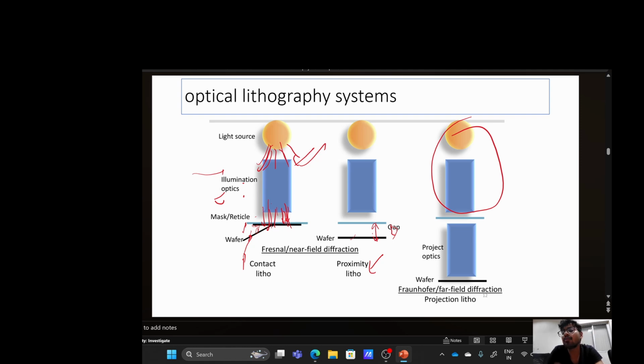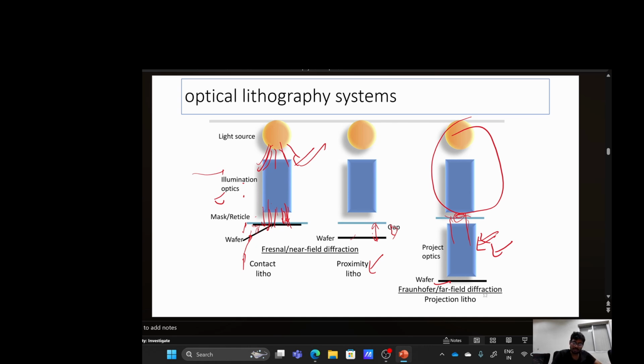In this one, after the mask, the pattern is transferred through a projection system with a series of lenses, by optical means, onto the wafer, so that you can go to lower feature sizes.